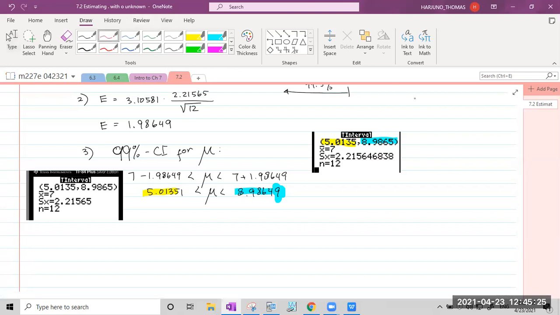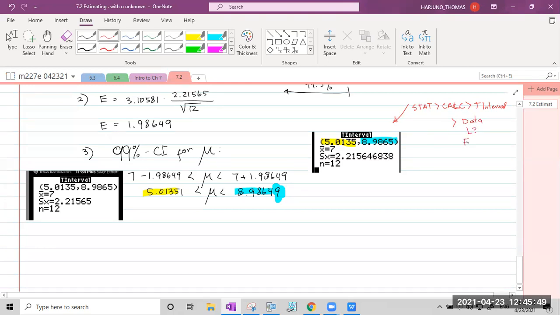This is when you do stat, calculate, t interval, and then Data. Whatever list you use, the frequency list, either you leave it empty or make it 1, and then you enter the confidence level.